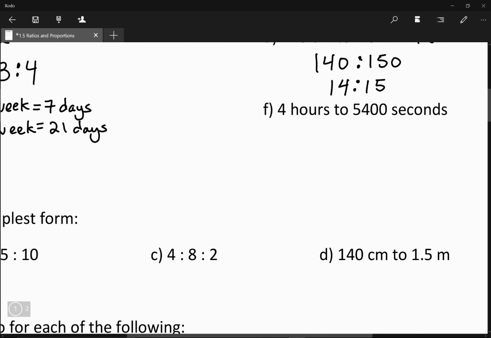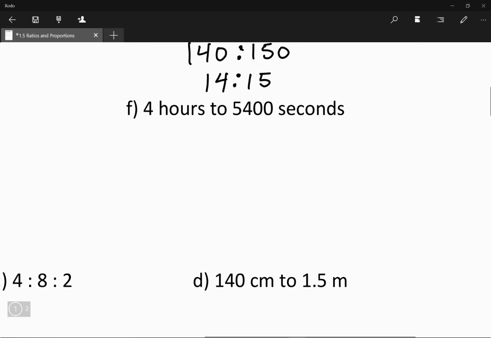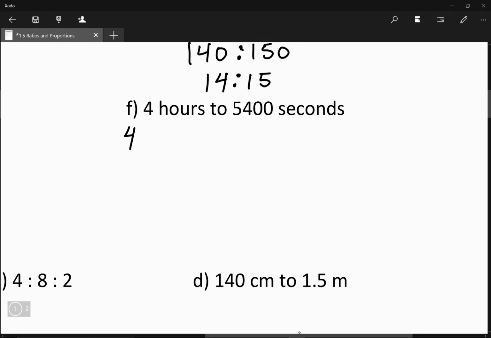And then 4 hours to 5,400 seconds. Well, this might take two steps to convert. So 4 hours multiplied by 60 minutes in every hour times 60 seconds in every minute. Let me just show you 4 hours here in the beginning. What are the units that cancel out?